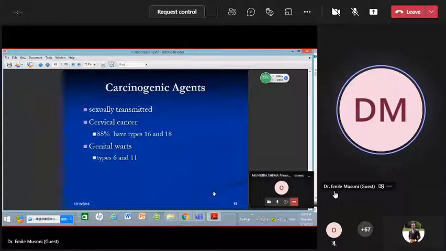I have said the papilloma is a sexually transmitted disease, which causes 85% of cervical cancer, with types 16 and 18. Types 6 and 11 are benign.